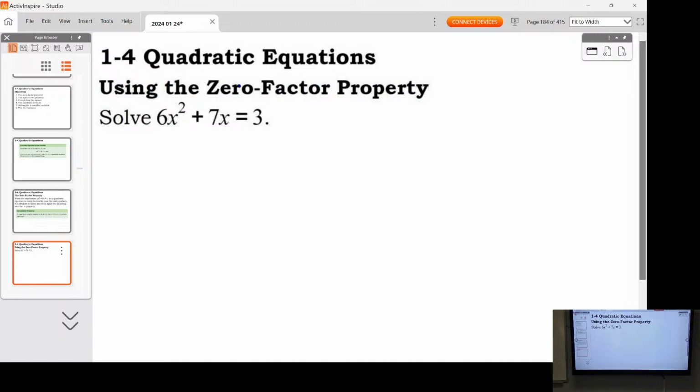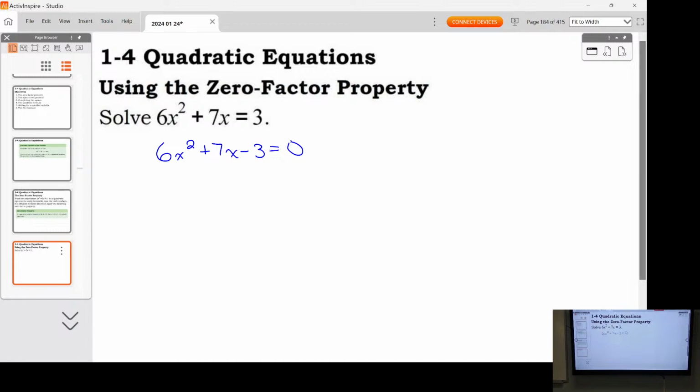To set it equal to 0. So to set this equal to 0, I have to subtract 3 from both sides. Subtracting 3 from the left side gives me 6x squared plus 7x minus 3 equals 0. Subtracting 3 from 3 gives me 0. Y'all good with that?